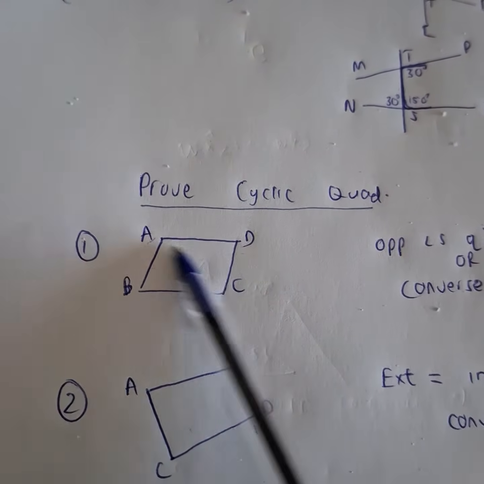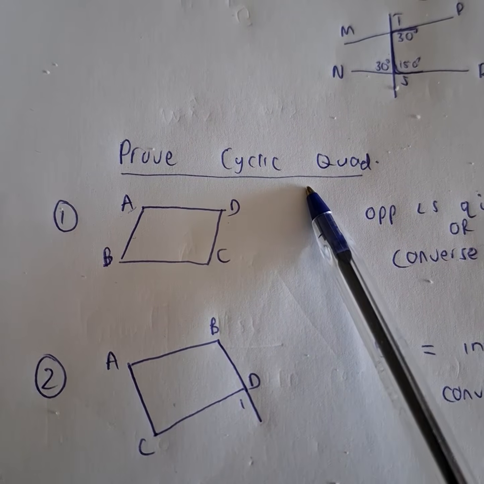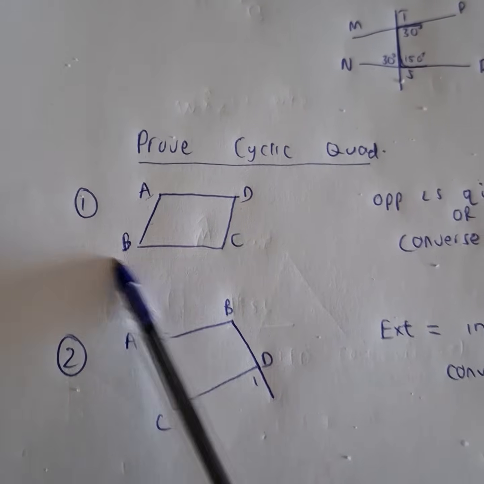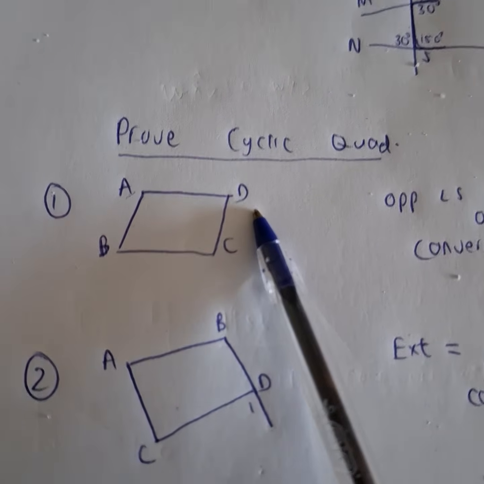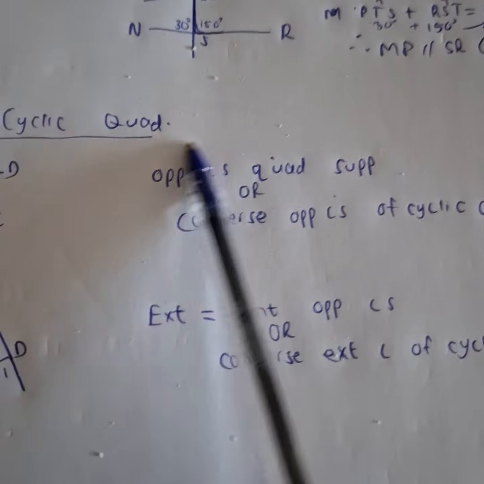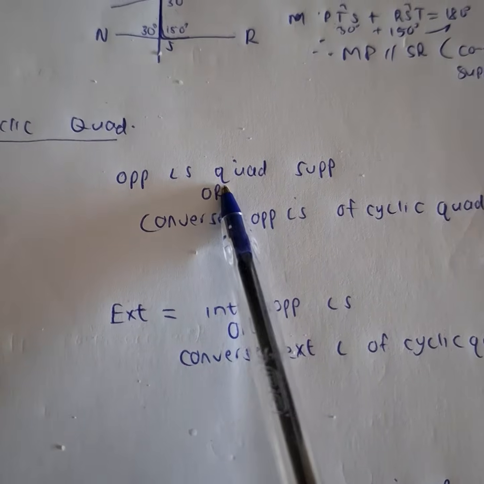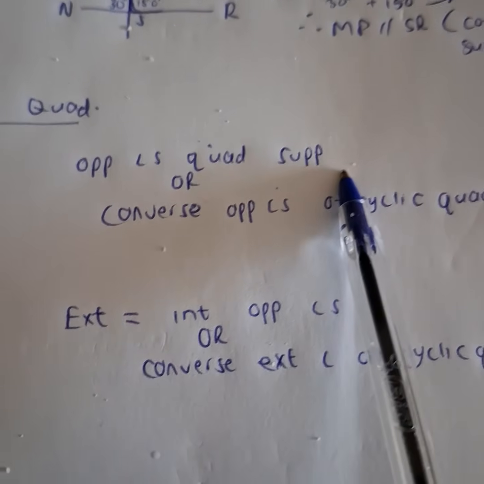What about proving a cyclic quadrilateral? If you're proving that a particular quadrilateral, a four-sided shape, is a cyclic quad, there are three conditions that we can check. One, we can prove that opposite angles of that quadrilateral are supplementary.